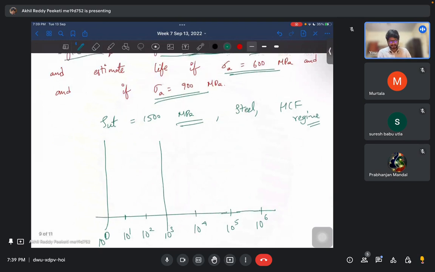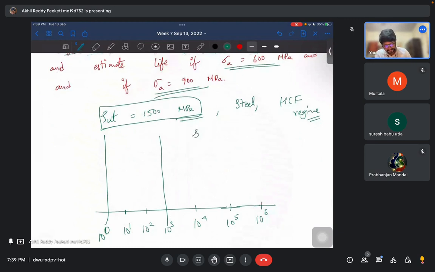Since we are told it is steel, it has an endurance strength. Since the ultimate tensile strength is 1500 MPa, what should be the endurance strength? I am talking about endurance strength. Yes, 0.5 times 1500. But we have a special case here. If it is more than 1400, then it should be different.